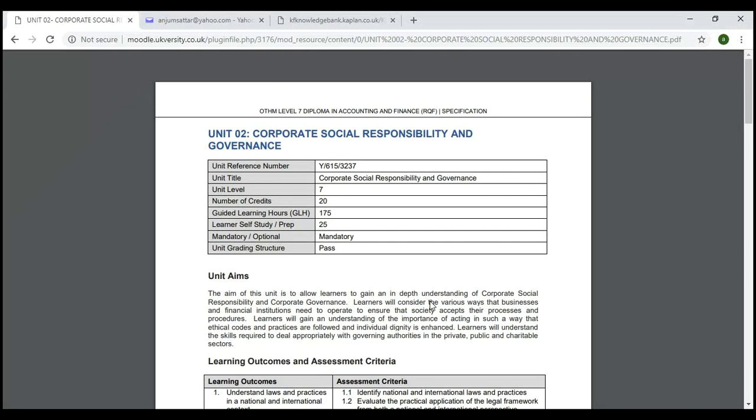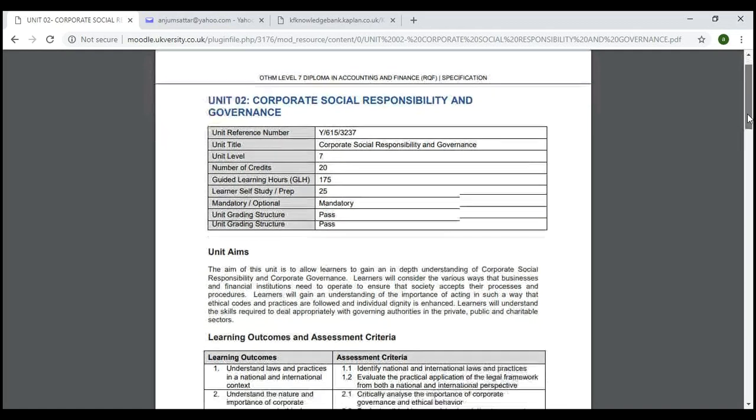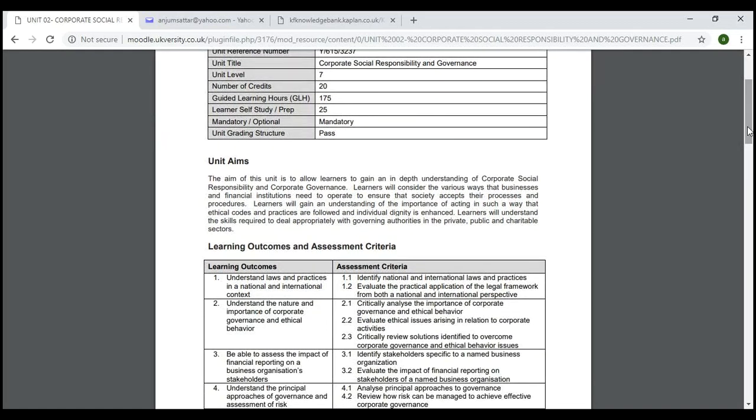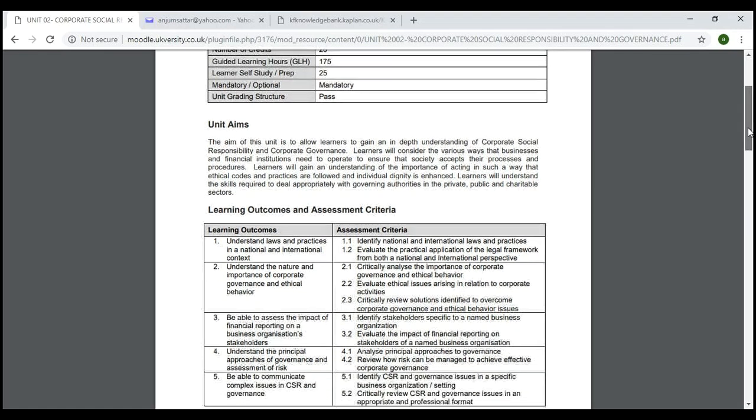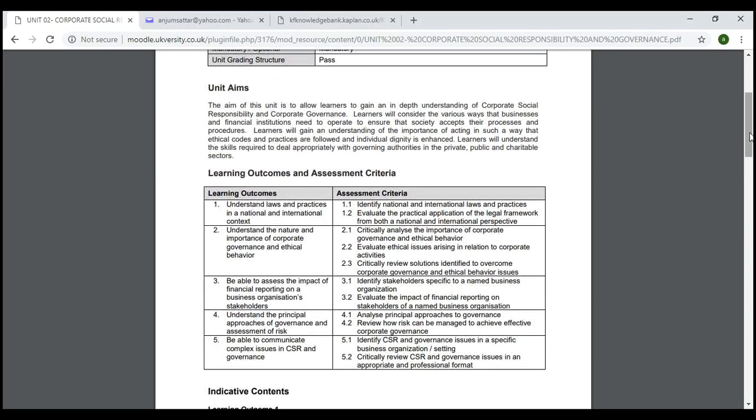It's a level 7 diploma in accounting and finance, mandatory units, 20 credit this unit. The aim of this unit is to allow learners to gain a depth understanding about corporate social responsibility and corporate governance. So our discussion will be focused on corporate social responsibility and corporate governance.